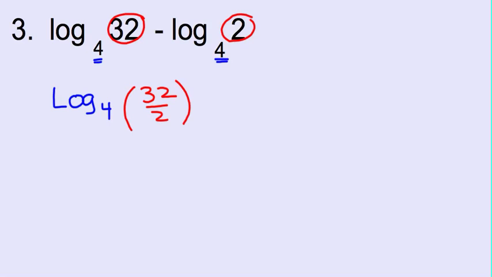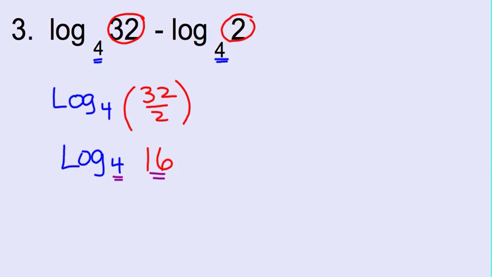Now let's go ahead and complete that fraction by simplifying it. So 32 divided by 2 is 16. And then I still have this logarithm of base 4 of 16. Now, since my logarithm is base 4, I want to rewrite 16 as an exponential base 4.